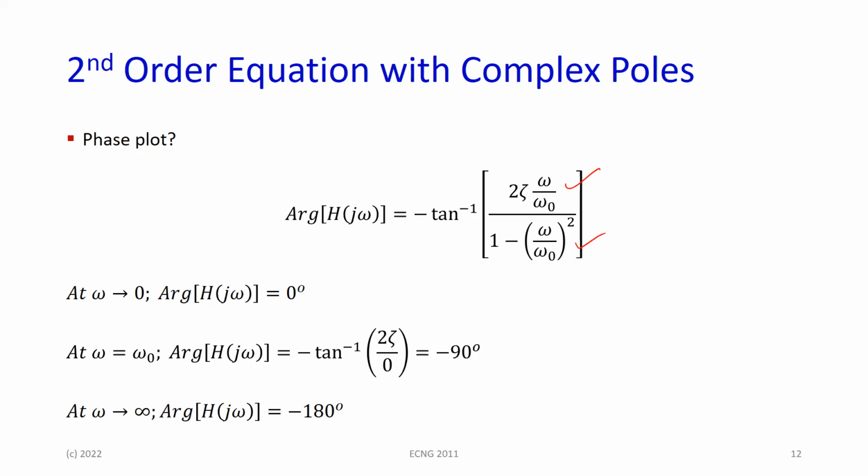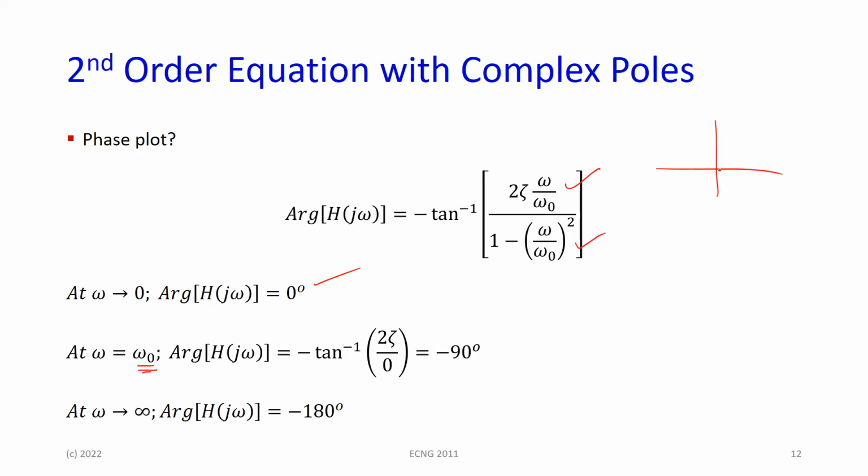At omega equal to 0, we can see that the argument is 0. At omega equal to omega naught, this becomes minus 90. And then if you keep incrementing, it will continue through minus 90. And then as omega becomes very large, it continues through to 180.